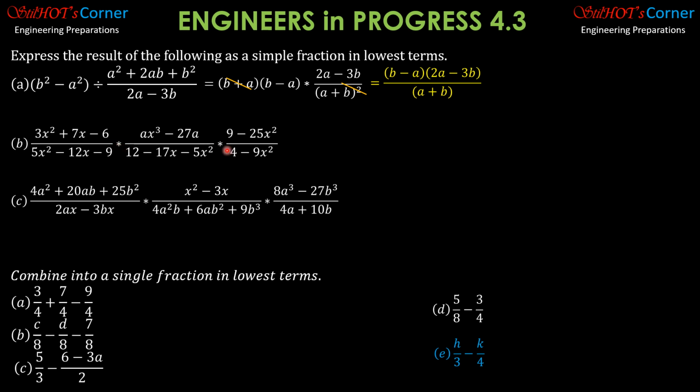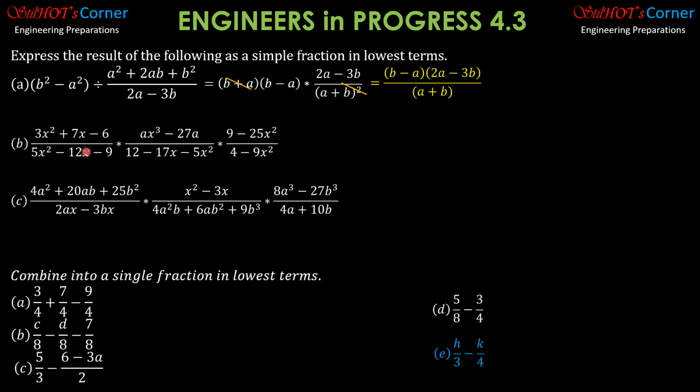So the operation is just multiplication, so there's no need to change the operation. So let's have 3x here. Definitely the factors are 3x and x. And for this negative 6, 2 and 3, 6 and 1, one is positive, the other is negative, such that the middle term is 7.